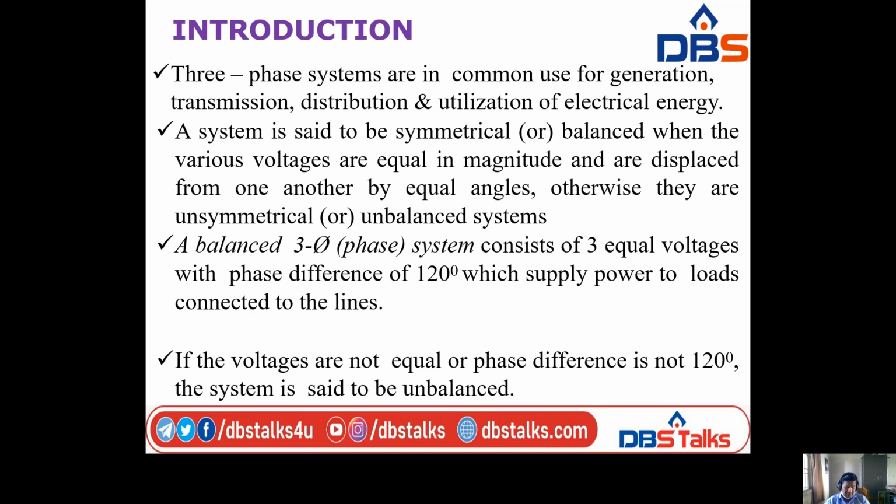Systems of 6 or more phases are used in polyphase rectifiers. Why? Because more phases means reduced ripples.